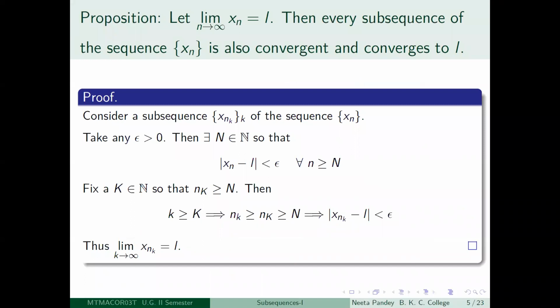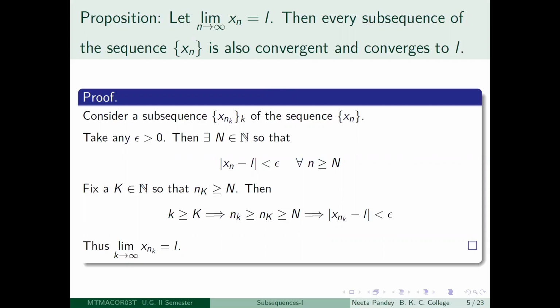Okay. So let us look at a few results which will help us consider some more examples. The first thing is that we have looked at two examples where the original sequence was actually not convergent. So what happens if the original sequence is convergent?